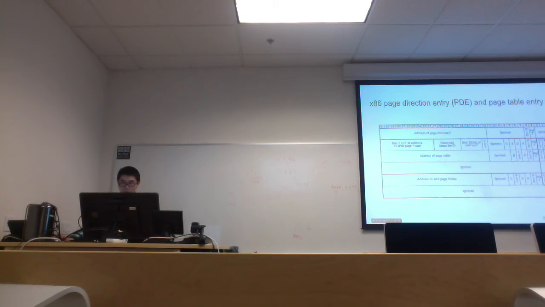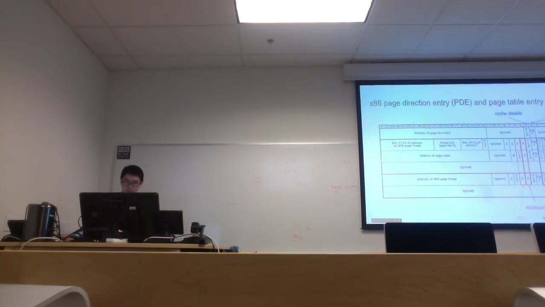Also, read-write access bits here, and a user-kernel access bit here. There are a few control bits for the cache. For example, for this page, do not cache. Or for this page, use the write-through cache policy.